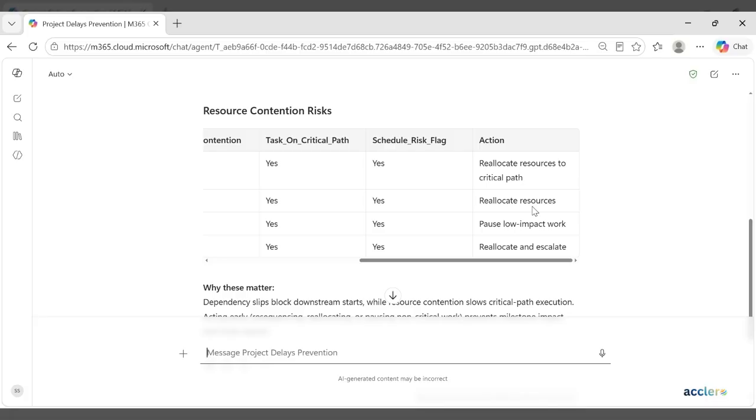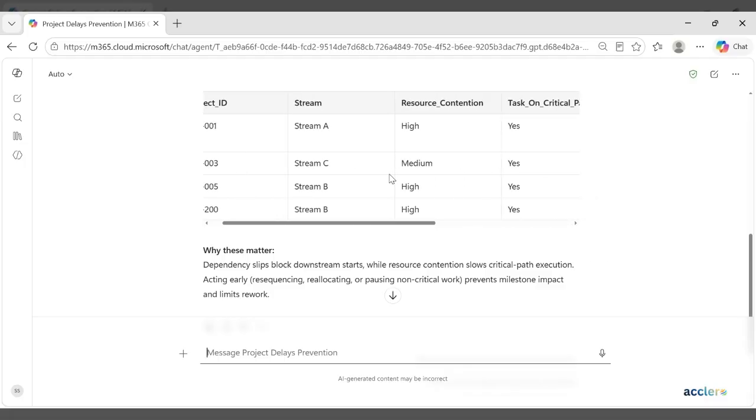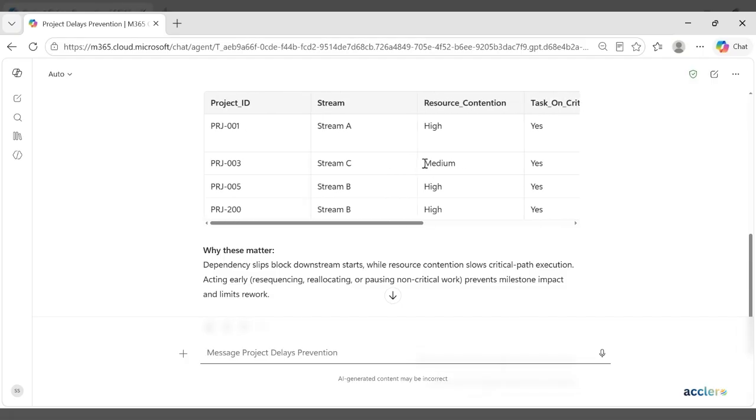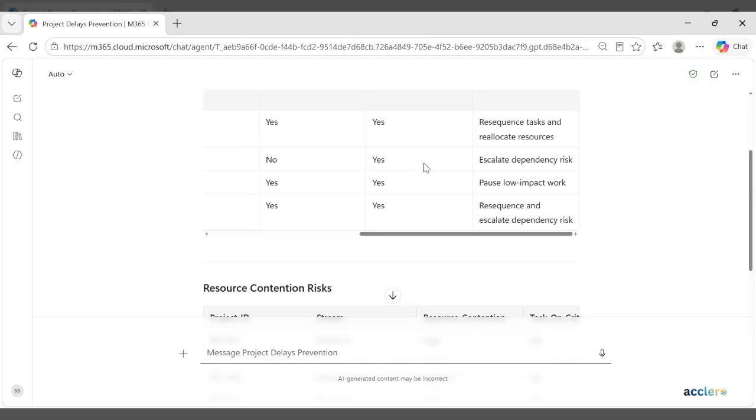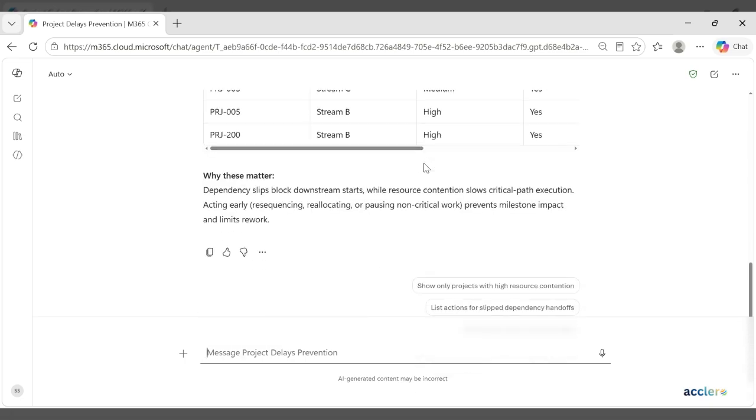So the slipped dependency, combined with the medium to high resource contention, creates the execution bottleneck that delays the downstream. So early escalation and the resource contention adjustment help to maintain the flow and prevent the milestone delays.